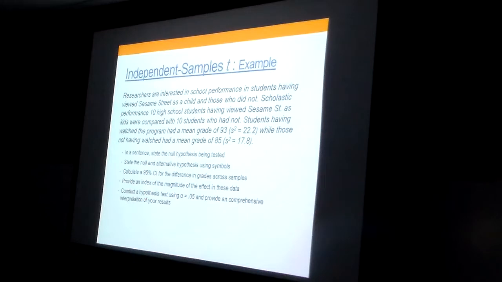Okay. All right. So first thing we're going to do is calculate the 95% confidence interval for the difference in grades across samples. Someone tell me what I need to do first in order to calculate my 95% confidence interval. The standard error of what? Good question.